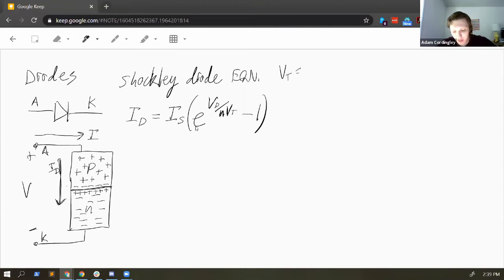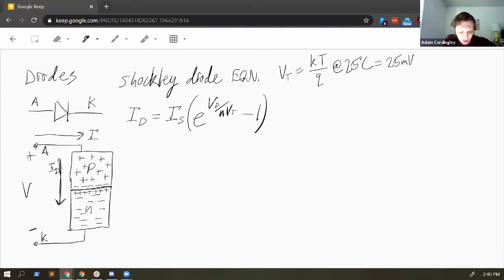It happens to be Boltzmann's constant times temperature divided by the charge on an electron, which at room temperature is about 25 millivolts. That's just a little fact that's good to know: V thermal is at room temperature about 25 millivolts.